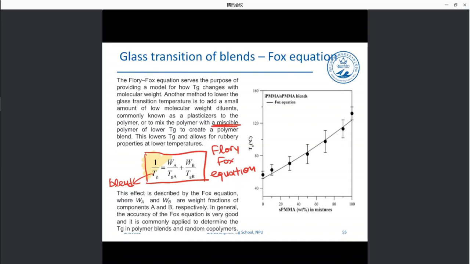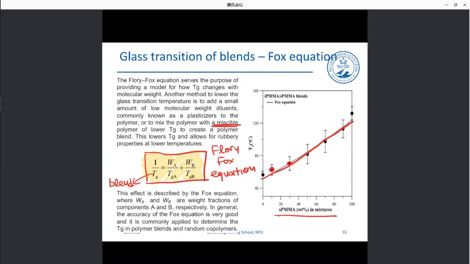But as you can see in this graph here, these values, the black or red values, are experimental values of the glass transition for the isotactic and syndiotactic polymethyl methacrylate blends. And you can see that with increasing syndiotactic polymethyl methacrylate, we increase the glass transition temperature. The linear fitting of these values is based on the Fox equation.